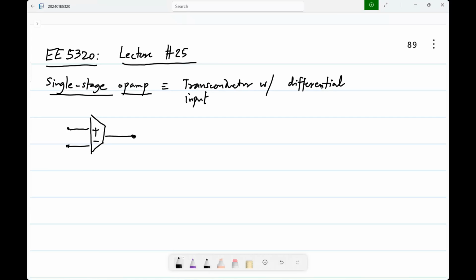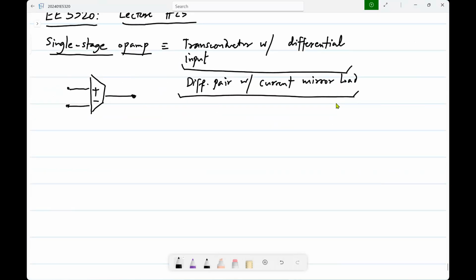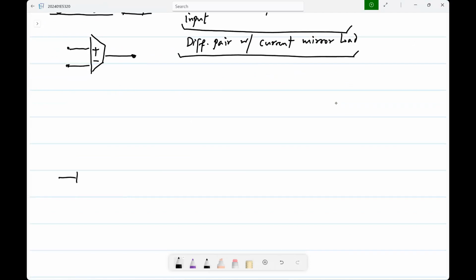Now the way to implement this is using a differential pair with a current mirror load. Now what is that? I'll assume that we have an NMOS differential pair and a PMOS current mirror load.